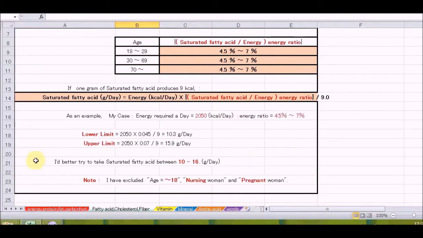And so I'd better try to take saturated fatty acid 10 to 16 gram per day. Again, I have excluded age under 18, nursing women and pregnant women.